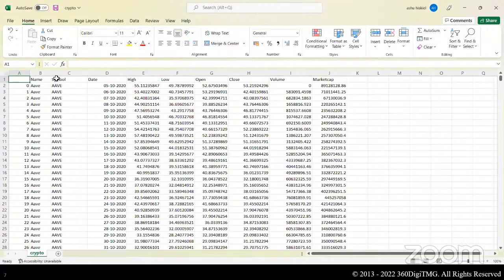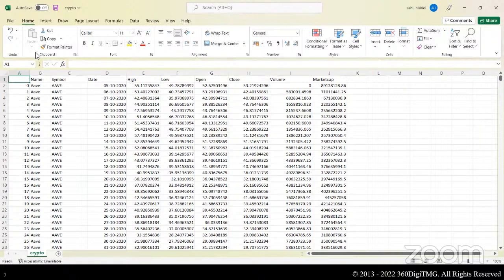This dataset contains around 37,082 rows and 10 columns. This dataset has information on Aave, Binance Coin, Bitcoin, Cardano, Chainlink, Cosmos, Crypto.com Coin, Dogecoin, EOS, Ethereum, IOTA, Litecoin, Monero, NEM, Solana, and so on and so forth.